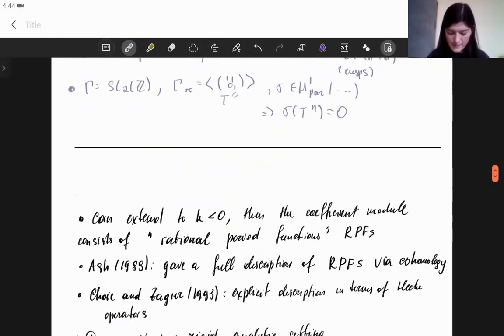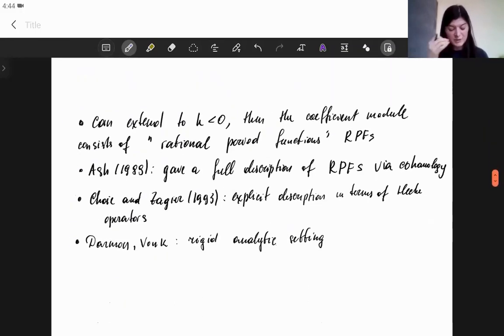Okay, before I introduce period polynomials, I want to give some more context into where these cohomology theories, such as Eichler cohomology, have been used. For one, Knopp defined these rational period functions, which we can call RPFs.